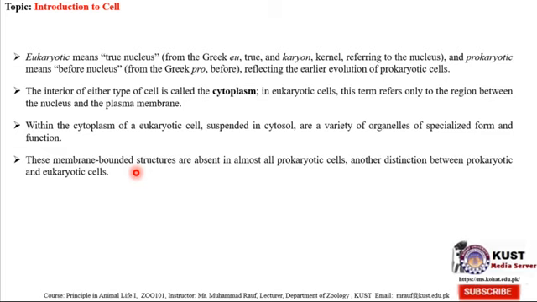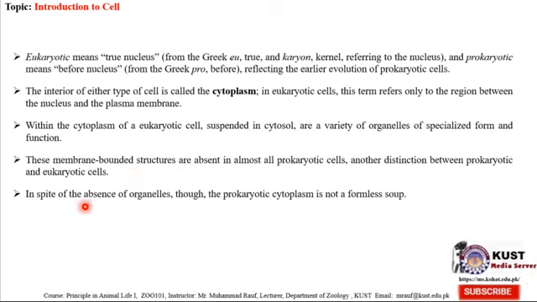So the ribosome is a type of organelle which does not have any membrane surrounding it. Therefore, ribosomes are present both in prokaryotes and eukaryotes, whereas other structures like the Golgi bodies, the endoplasmic reticulum, the nucleus, and mitochondria have membranes. So these membrane-bounded structures are not present in prokaryotic cells.